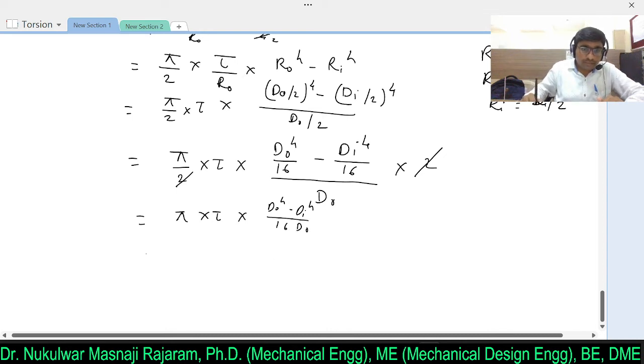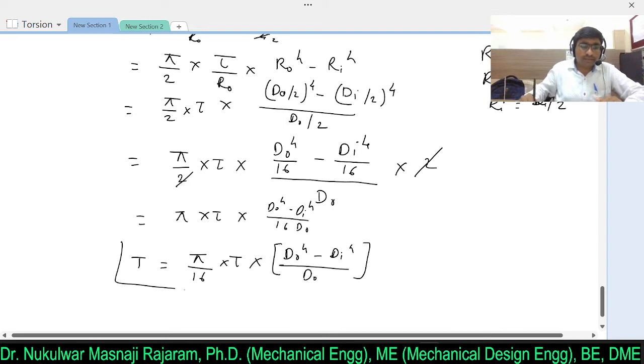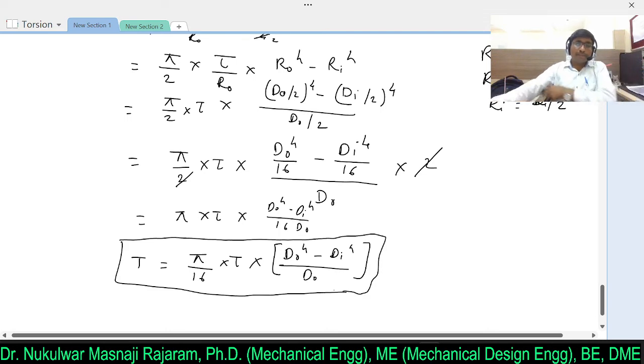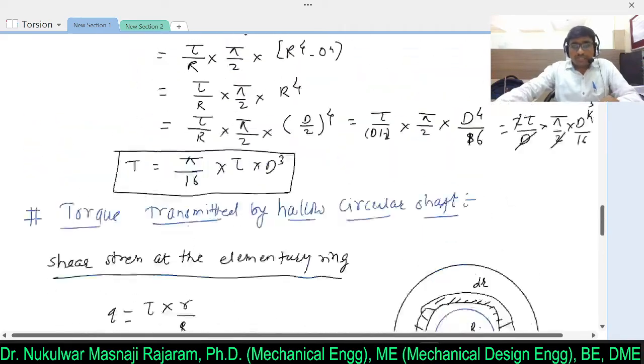Clear? So if I write total torque acting on a hollow shaft, then pi by 16, I am taking 16 over here, into tau into do raised to 4 minus di raised to 4 divided by do. Simple. So this is the total torque you can evaluate on the hollow shaft.